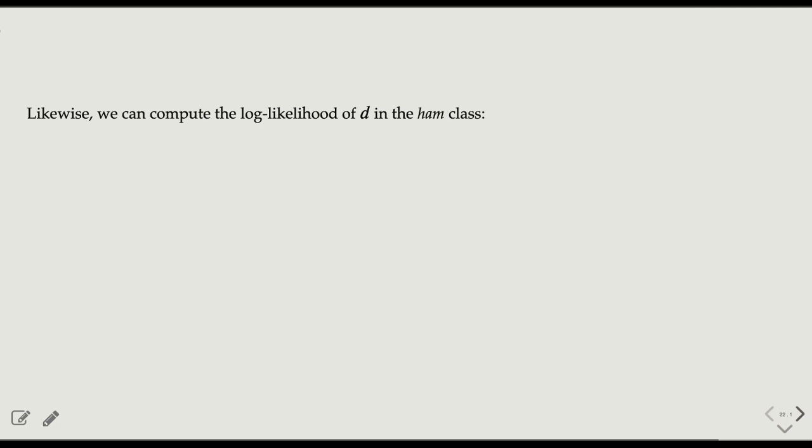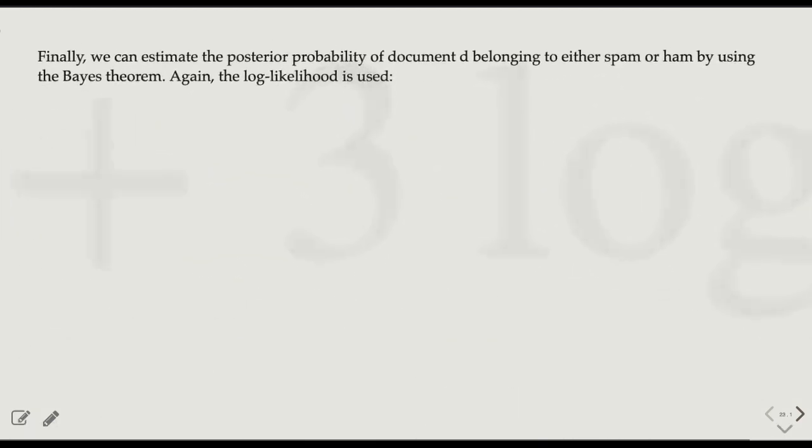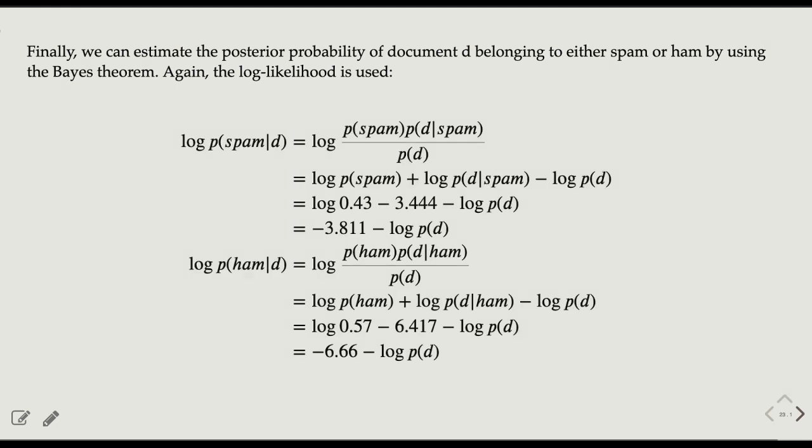Likewise, we can compute the log likelihood of D in the ham class. And so in the end, we'll have this log likelihood estimate. And finally, we can estimate the conditional probability of document D belonging to either spam or ham by using the Bayes theorem. So again, we are going to use the log likelihood value.